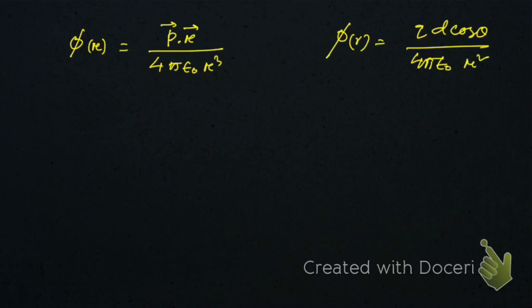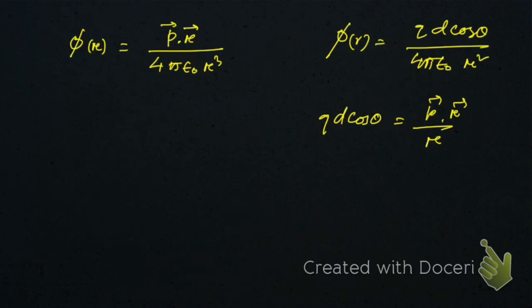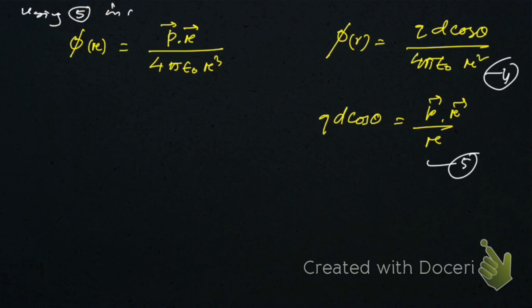Then we have got that q d cos theta is equal to p vector dot r vector by r, right? Here you see in these two equations, 5 and 4, we have got these two results. So here what we have done, we have used equation number 5, and this was 4. Using 5 in 4, we have got this result, right?